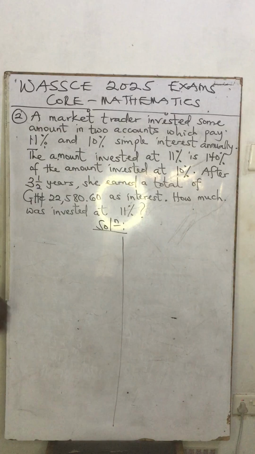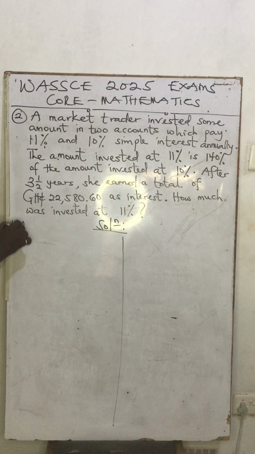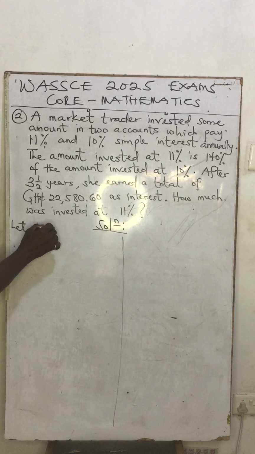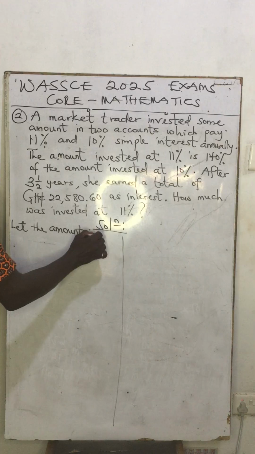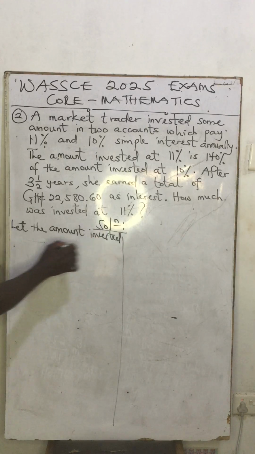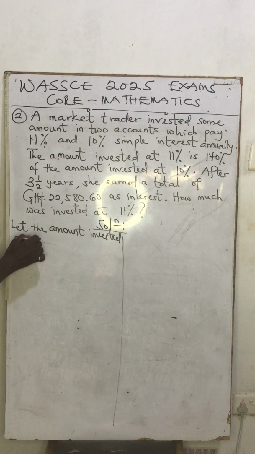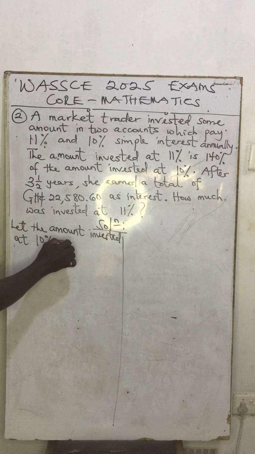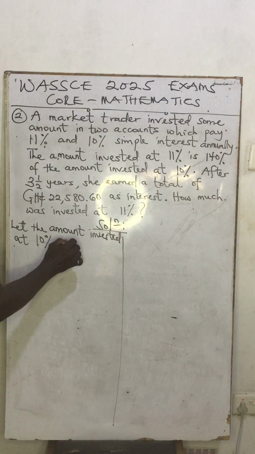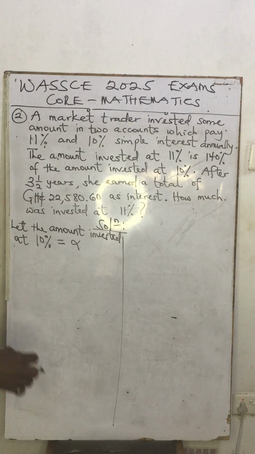So you can see that, let the amount invested at 10% be equal to alpha.